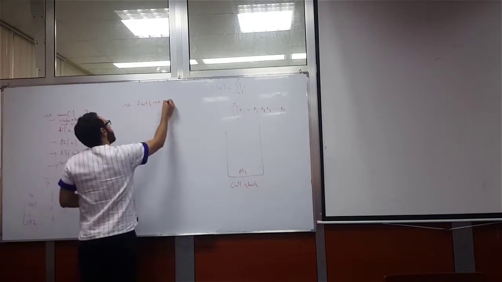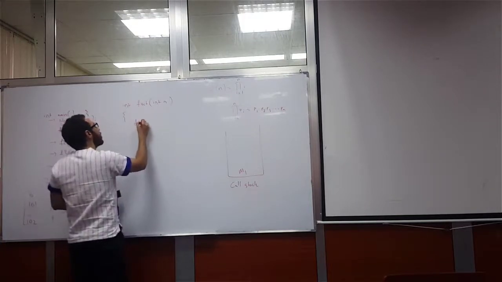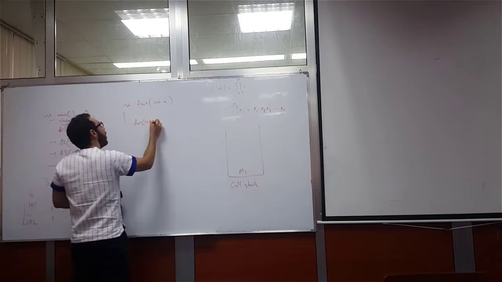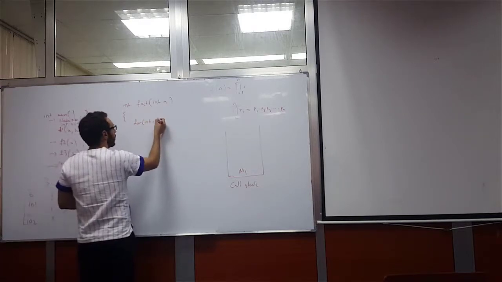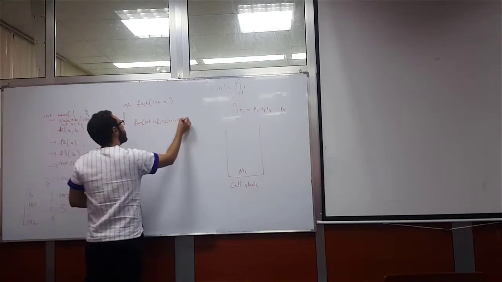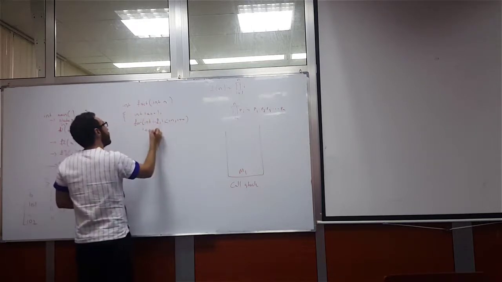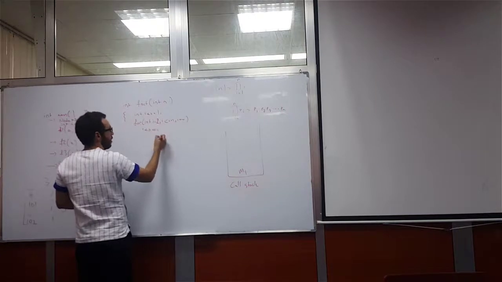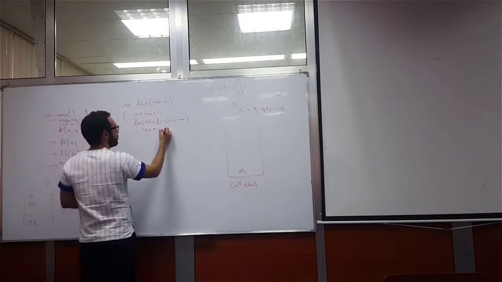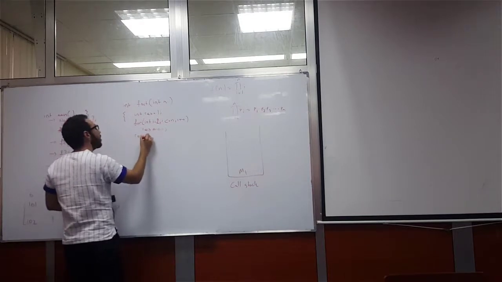We get n as a parameter. Then we loop with i equal to 1, or we can even start from 2, i less than or equal to n, i plus plus, and let's say we have a result that starts from 1, and we say result multiplication equal to i, and then we return result.